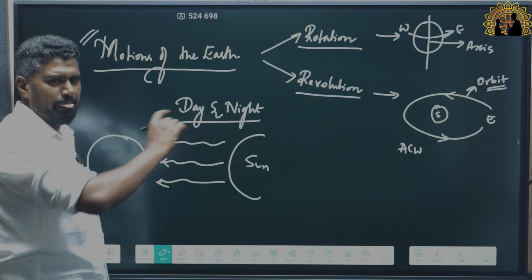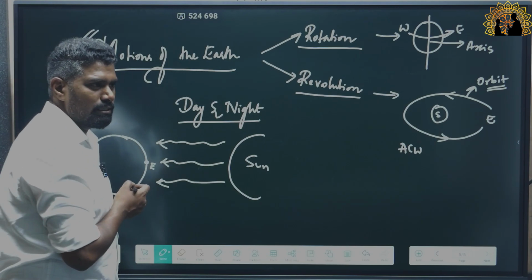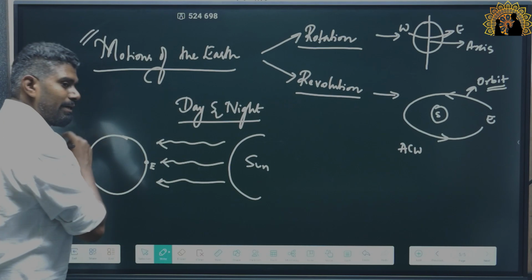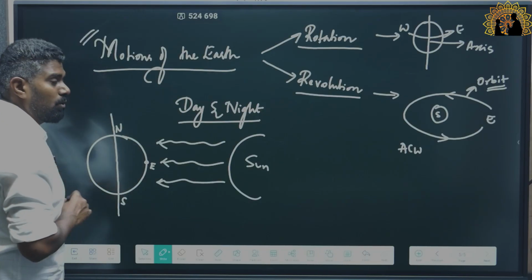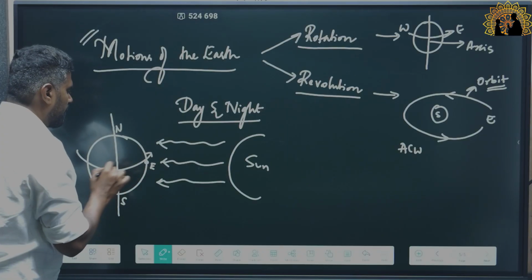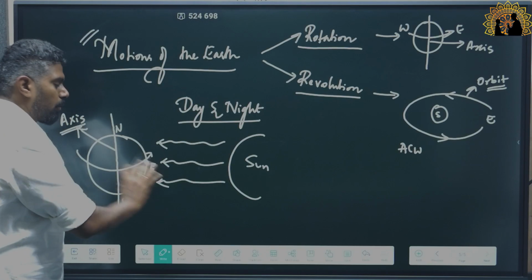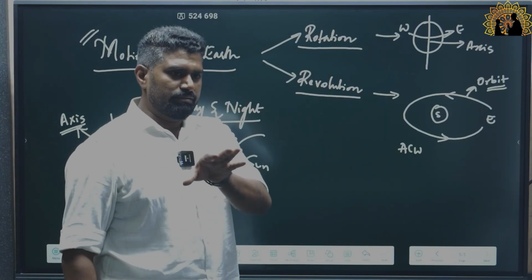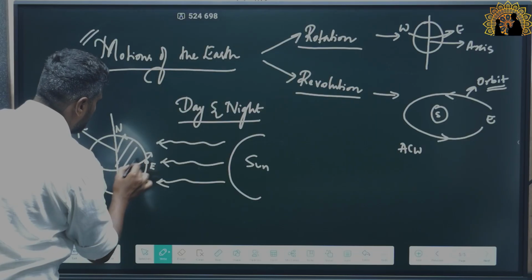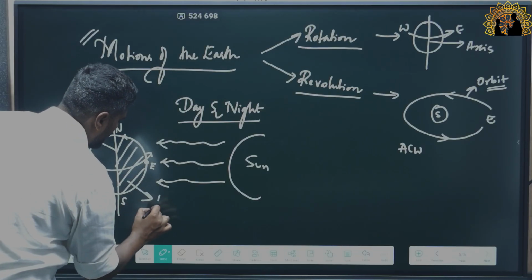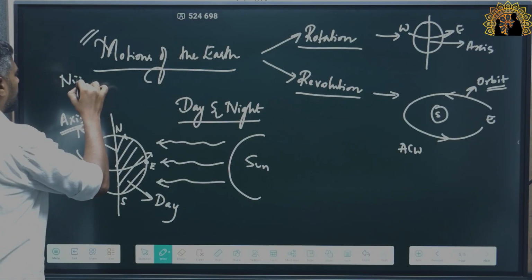This is simple, because the shape of the Earth itself is like that. Now, this is the north pole, this is the south pole. If Earth is rotating from west to east around this axis, the sunlight will come and hit, and we will experience this part of the Earth as day and this part as night.